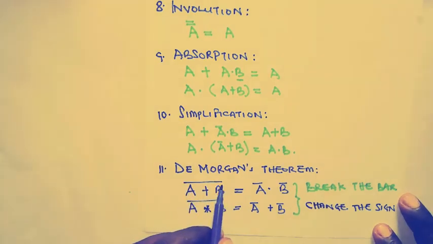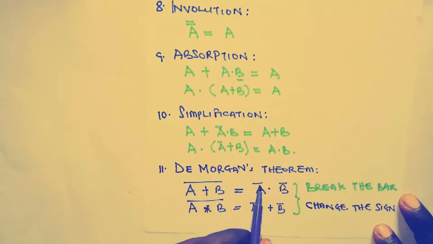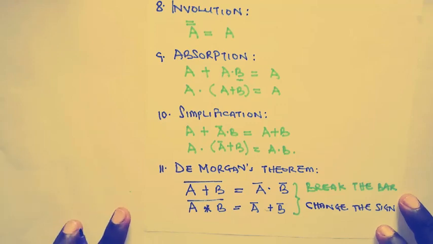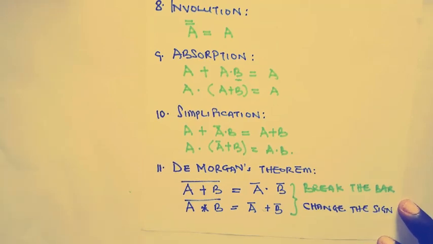You observe that the bar was covering A and B over here, including the operation, but when it was broken into separate bars for A and for B, the sign changed to multiplication. And the same thing happens here. When you have the big bar over all of them, when you break the bar, you have to change the sign in between them. We'll be looking at De Morgan's theorem in subsequent videos. The proof of De Morgan's theorem we will see soon.